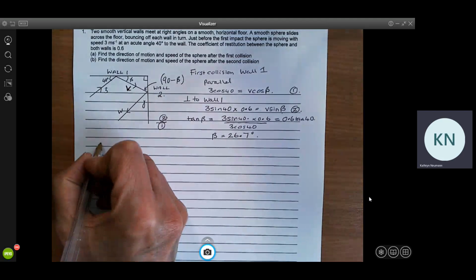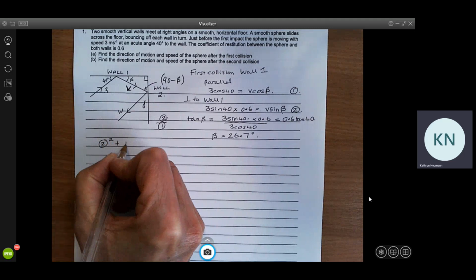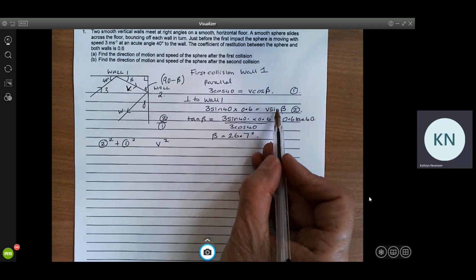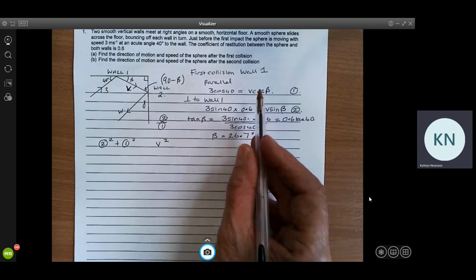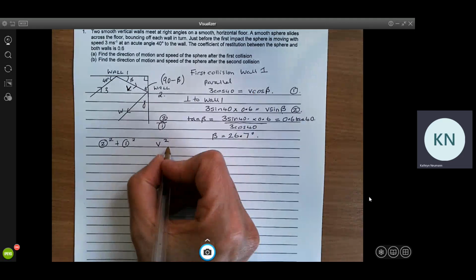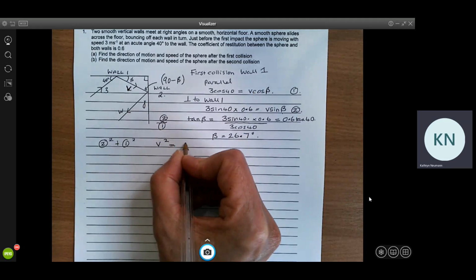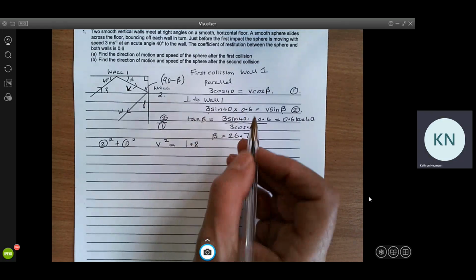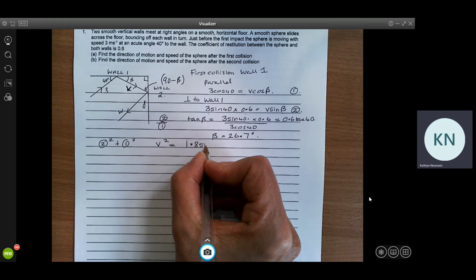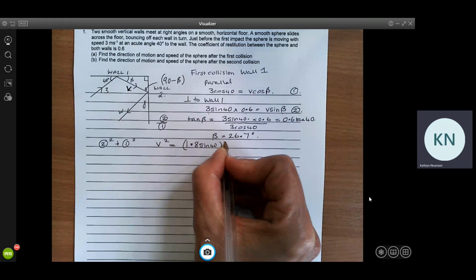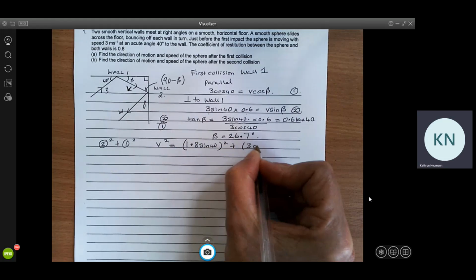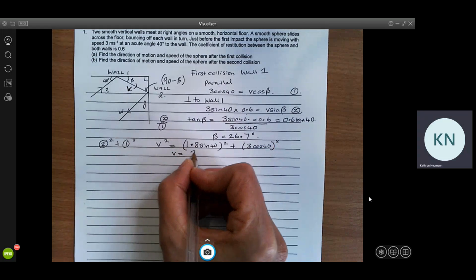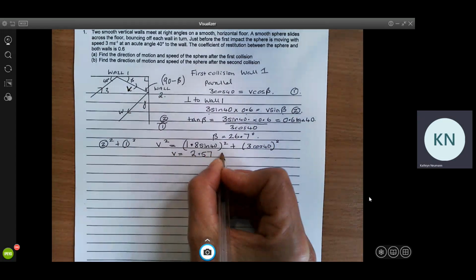So we're going to do equation 2 squared plus equation 1 squared, and that gives me V squared, because we'll have V squared sin squared beta plus V squared cos squared beta is equal to 1.8, that's 3 times 0.6, sin 40, all of that squared, plus 3 cos 40, all of that squared, and that leads to V is 2.57 meters per second.